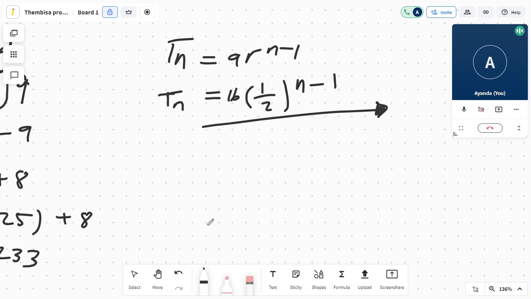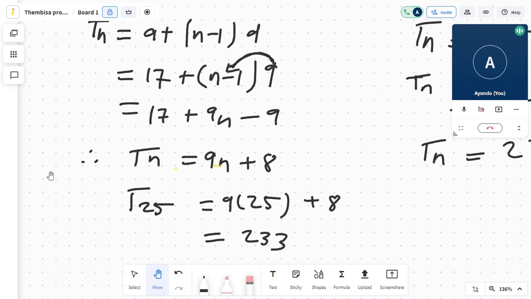If you wanted to simplify this even further, you could rewrite this as Tn is equal to 2 to the power of negative n plus 5, by turning the 2 into 2 to the power of negative 1 and distributing the exponent of n minus 1. But even leaving it right here is fine.